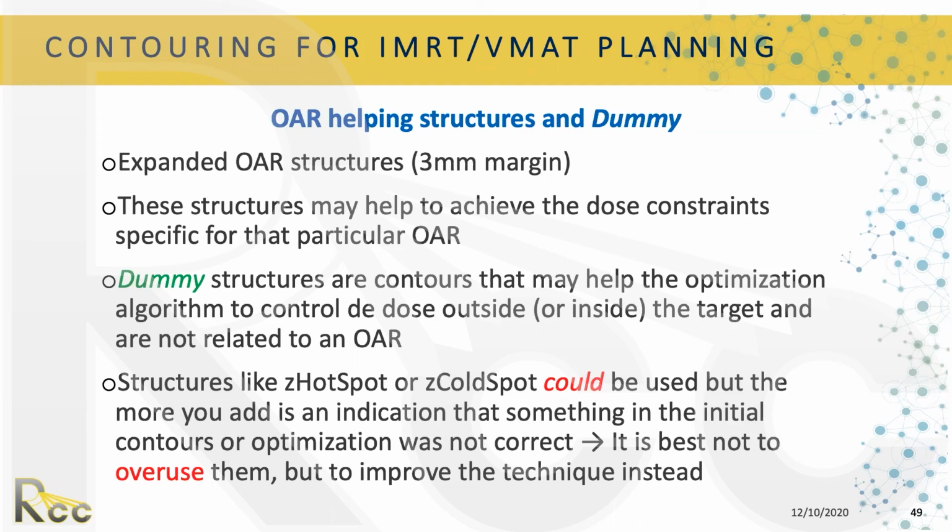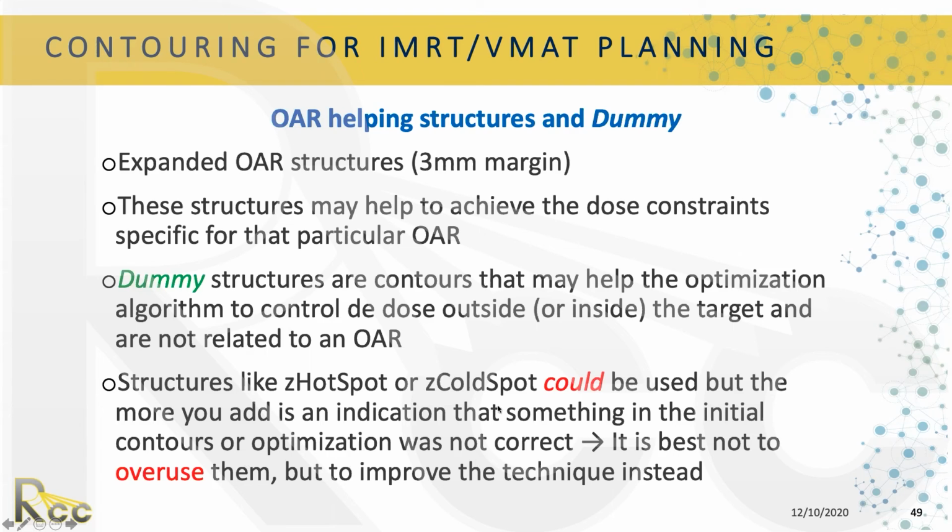You need to be careful with this because a lot of people can fall into the habit of creating all these hot spots or cold spots where you're optimizing, I want to take this hot spot and move it here. It could be used, but the more you add is an indication that something in the initial contours, the ones that I explained before, or in the optimization is not correct. So it's best not to overuse them, but to improve the technique instead.